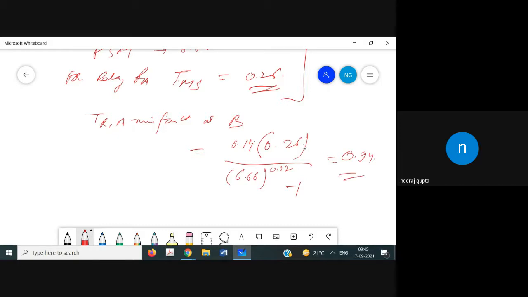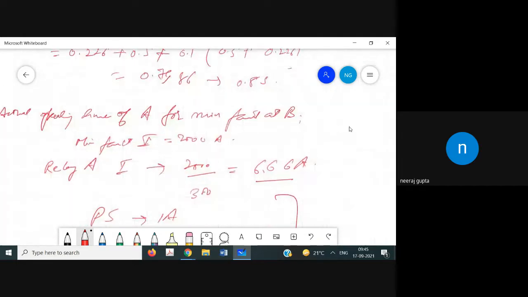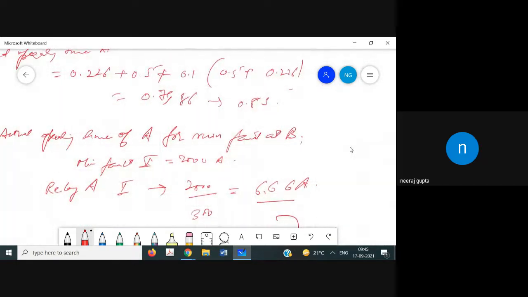Now this 0.94 is greater than the minimum operating time, which is 0.8.